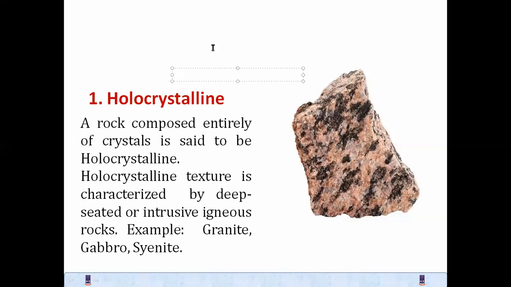It means that in such a type of rock, 100% crystals are present. No glass material is present. So such a type of rock is considered a holocrystalline rock.